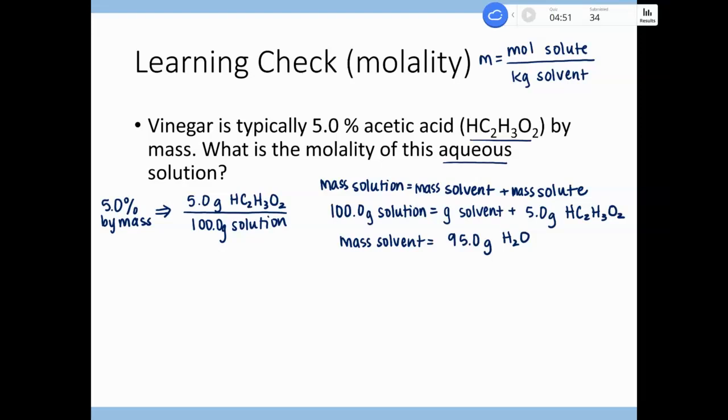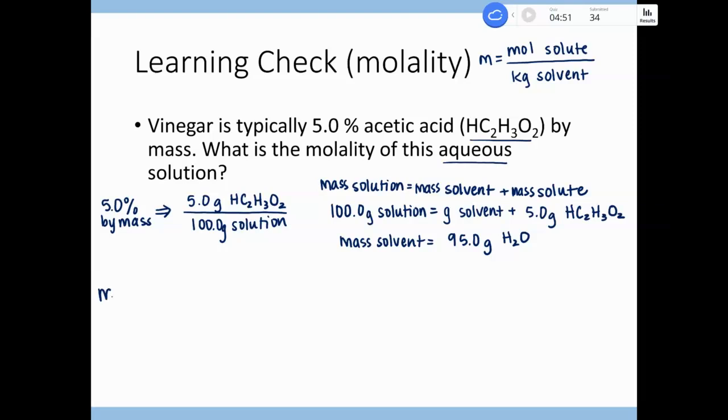So again, setting that original fraction, using those values with this equation to find the mass of the solvent. So we have mass of the solvent in grams. We need kilograms of the solvent for our denominator, so we can convert grams to kilograms. And we have mass of the solute in grams, but we need moles, so we'll do a molar mass conversion to get to moles of the solute.